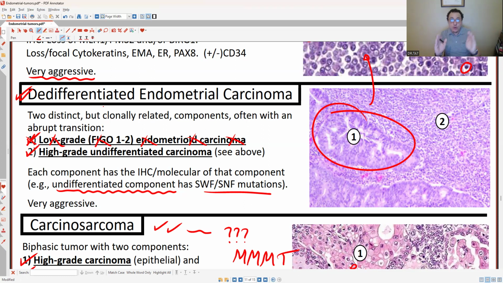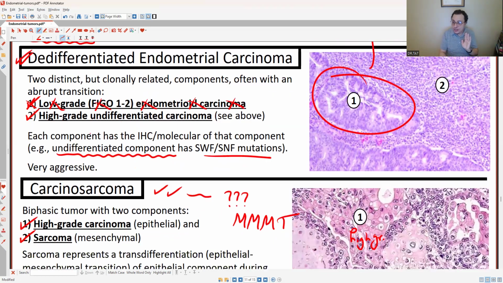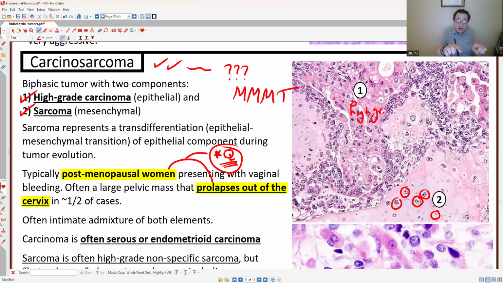In dedifferentiated endometrial carcinoma, you have a low grade epithelial or low grade endometrioid component, FIGO 1 or FIGO 2, and then a high grade dedifferentiated component. However, here you have a sarcoma component and a high grade carcinoma or epithelial component.